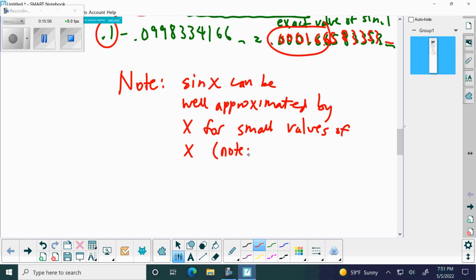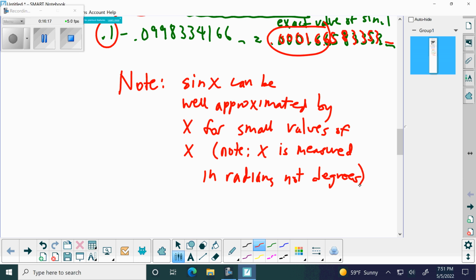Note x is measured in radians, not degrees. So I'm using the radian measure. So sine x can be well approximated by x for small values of x.